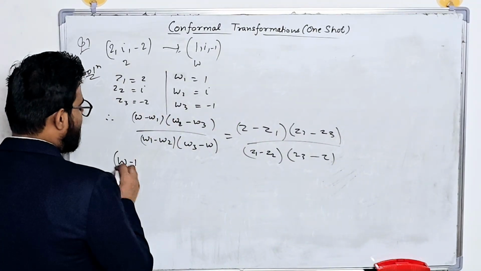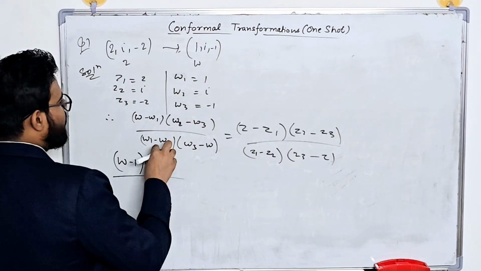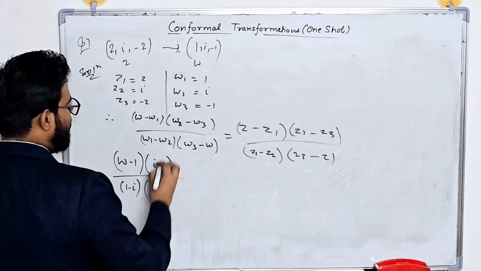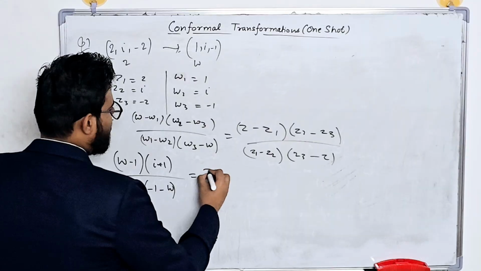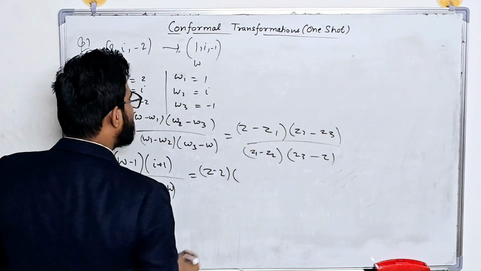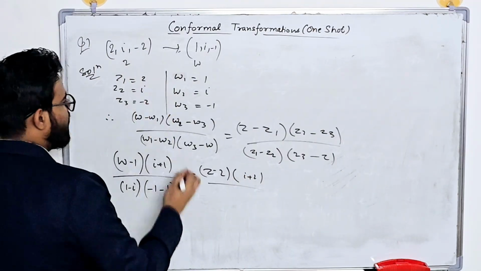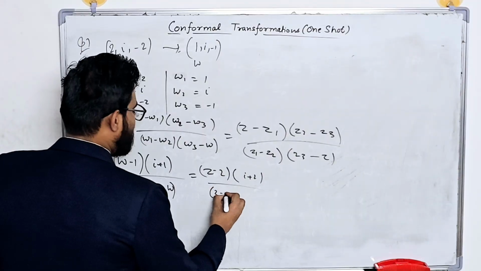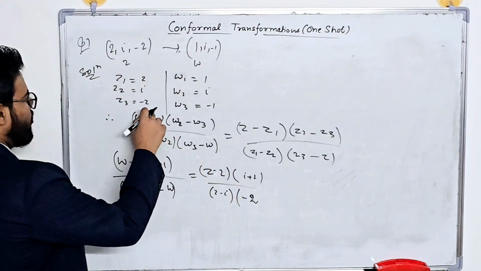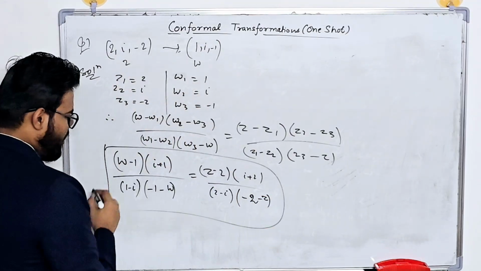You have (w minus 1) times (i plus 1) divided by (1 minus i) times (w3 minus w), which is equal to (z minus 2) times (z2 minus z3, that is i plus 2) divided by (z1 minus z2, it is 2 minus i) times (z3 minus z, that is negative 2 minus z), right? And you can easily solve it, I guess, right?